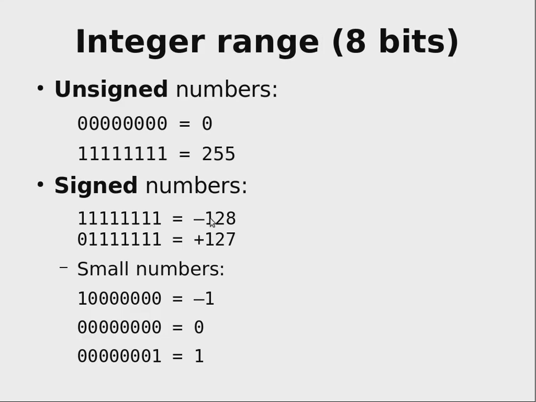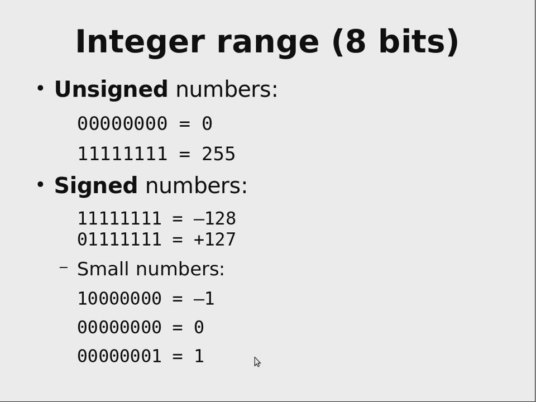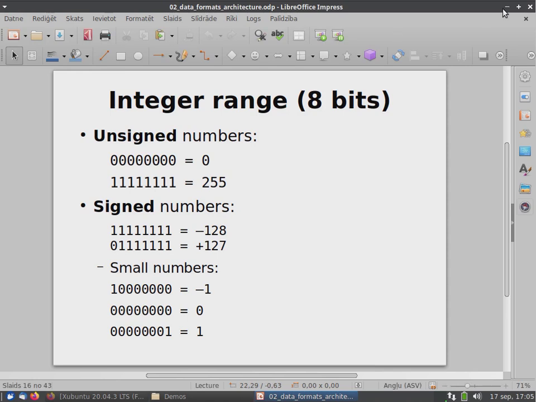For example, a signed number which can store only 8 bits can represent from minus 128 to plus 127. And then you can get different kinds of strange problems with overflow.